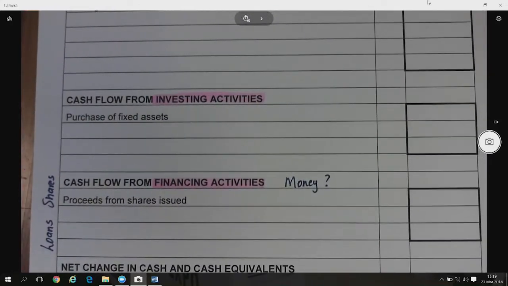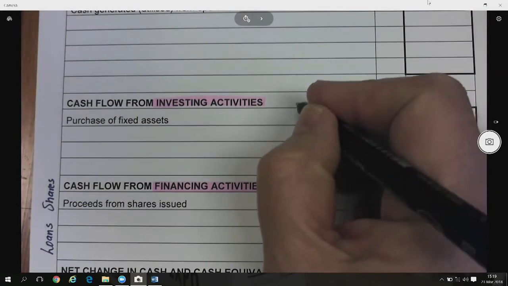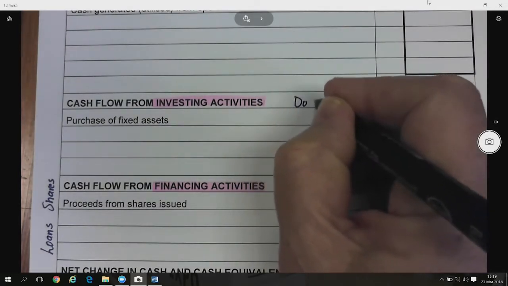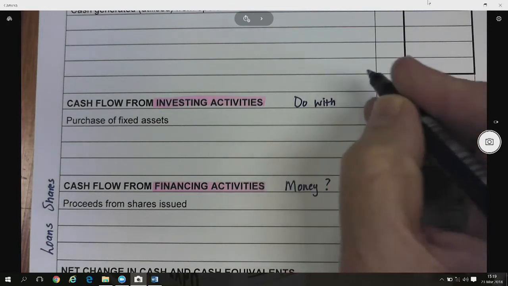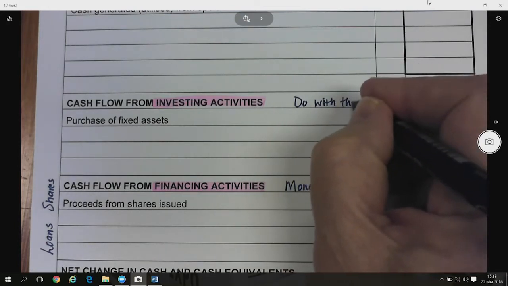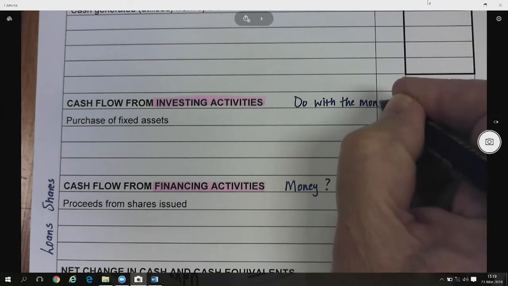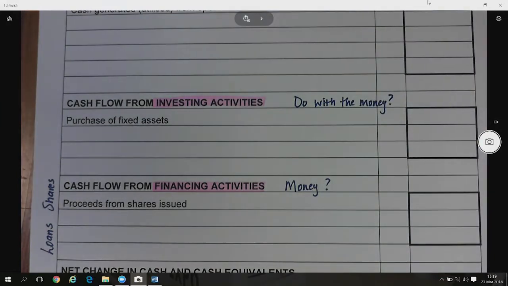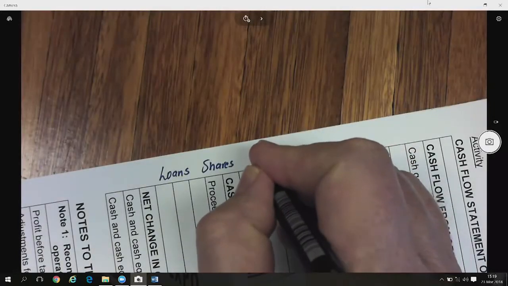Okay, now, if we've got the money, where are we going to invest the money? What do you do with the money? Not day-to-day transactions, other things that you do with the money, and that will be your investing activities. We invest in fixed assets.